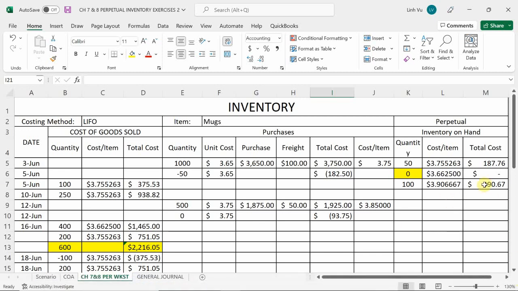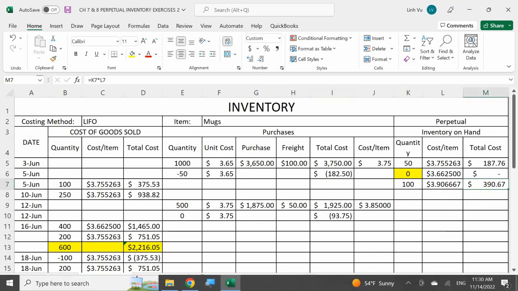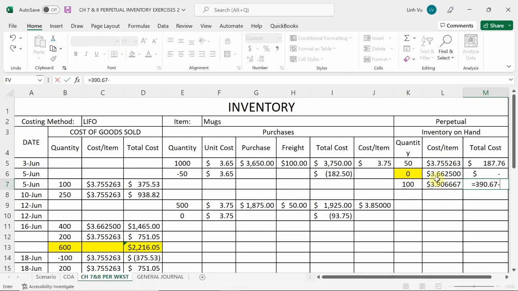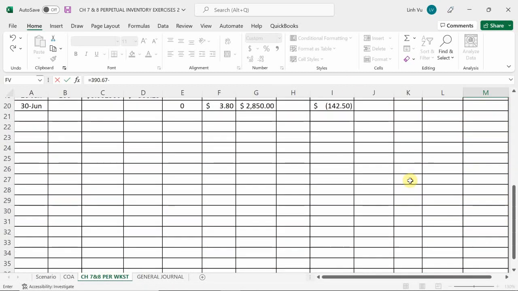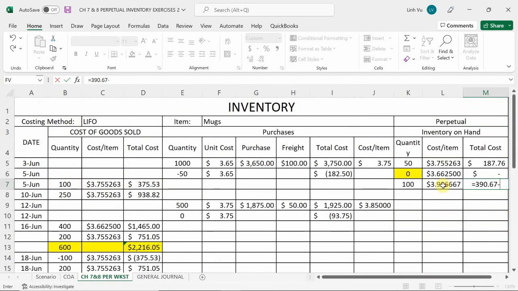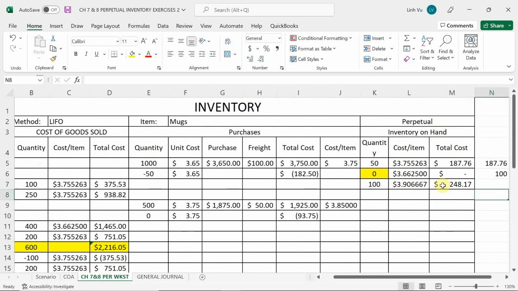What you're going to do is take this 390.67 and subtract out that 142.50. That means your total inventory should be 248.17.